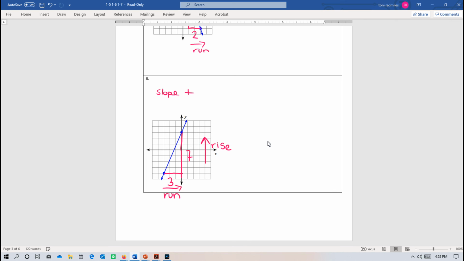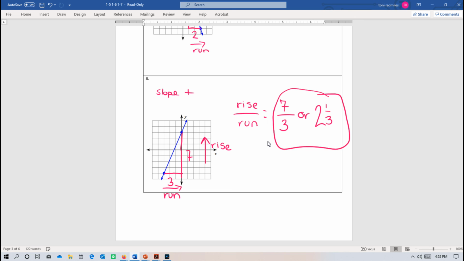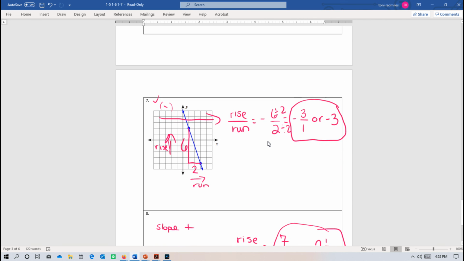Okay, so my slope would be rise over the run, a rise of 7 for every 3, positive, reduced improper fraction, so that's okay. Or I could say 2 1/3. And that was actually the answer for another one, but that line looked completely different.